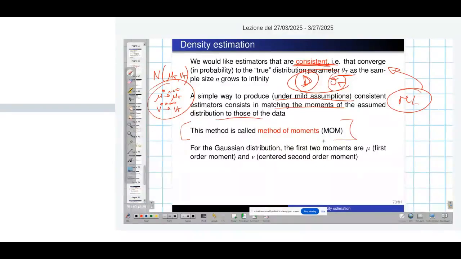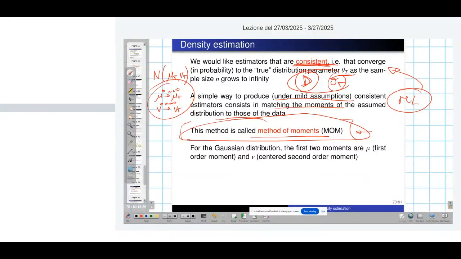For example, another that I will discuss now that is fairly easy to adopt is the method of moments. The method of moments is again a consistent estimator that in general will require a larger amount of samples to give us a good solution, but in the infinite case, it will also converge to the true solution. That is typically used as an initial step for complex algorithms because it's easy to implement.